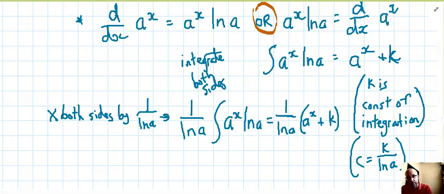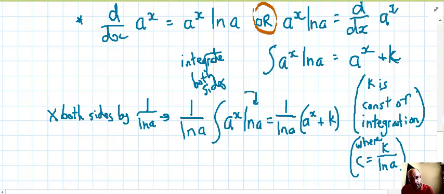Alright? Now on the left, because that's a constant, we can pull that out the front. And once it gets multiplied by that, that'll be log a over log a, which is 1. So we basically just have the integral of a to the x dx. Sorry, I should have had a dx written there on the left side of the equal sign. And that's what we're trying to find, right? If you go back to the start, that's what we were trying to find.